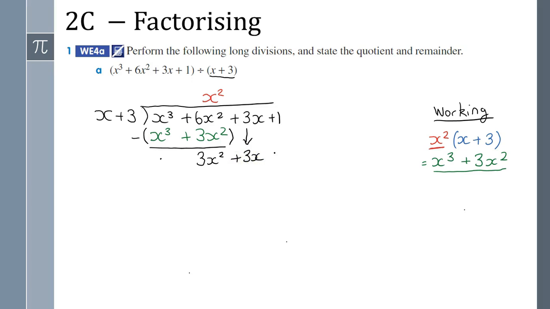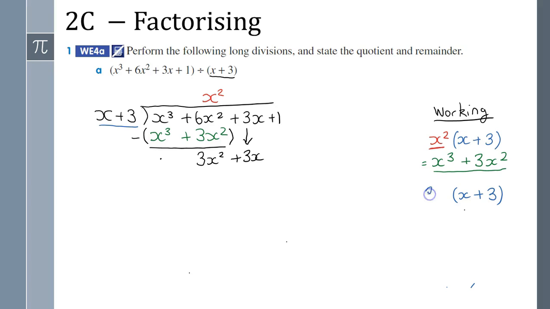My goal now is to get 3x squared. Okay, so I am starting off with x plus 3, as I always am, and I'm trying to get a 3x squared. And I've got to think, what would I times that by to get 3x squared?